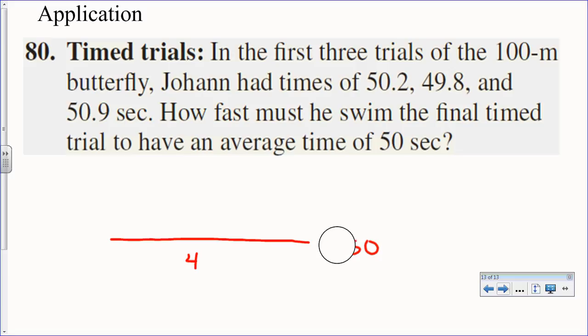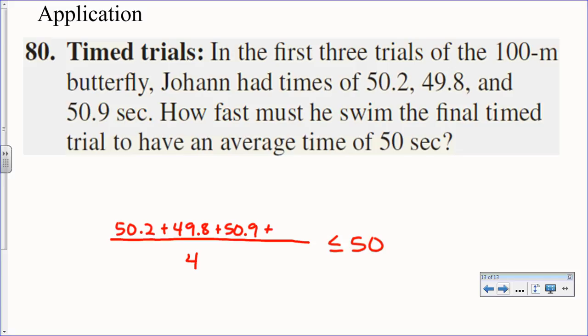But let's think about it. And we know he wouldn't want to be more than 50. So we'll say we want that to be less than or equal to 50. If you put an equal sign there, that would be fine because of the way it's worded. Okay, so I need to put the 4 trials here. So the first 3, I have 50.2 plus 49.8 plus 50.9.